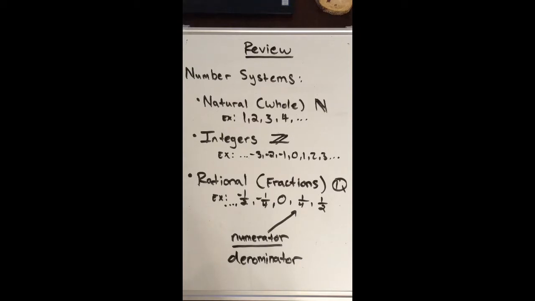And last, we have our rational number system, which are better known to us as fractions. Now, fractions are numbers that have two numbers, one on top and one on bottom. Those are called the numerator on top and the denominator on bottom.